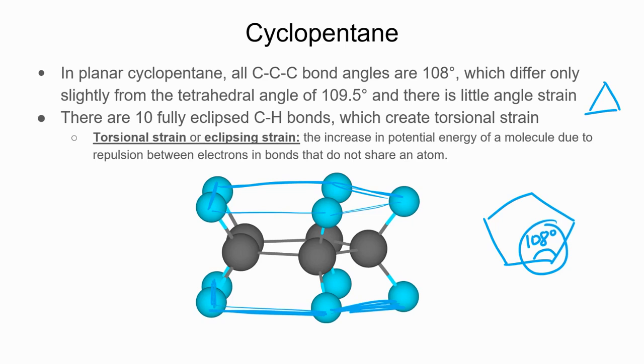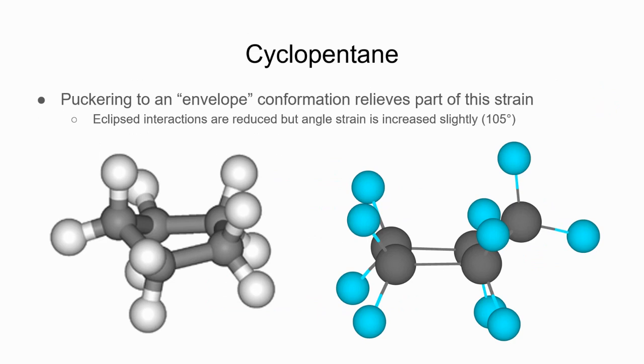So what to do about that? What pentane does, we don't do anything, right? But what cyclopentane does is what's called a puckered or envelope conformation. So it moves into this puckered or envelope conformation, where we like to think of it as the point. So if I've got my pentagon, or let's say my envelope, think of this as the part of the envelope you're going to stick your letter in.